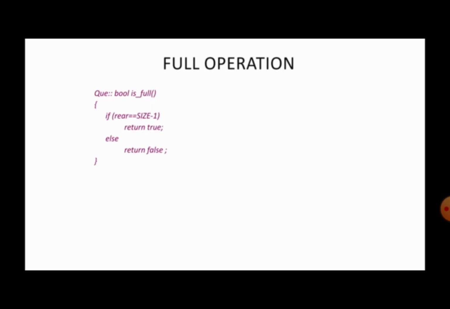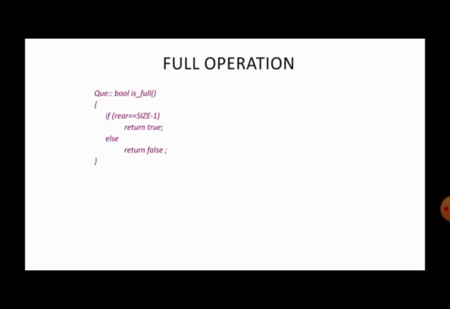While enqueuing, we reach the size -1 index. Assume that the queue size is 10. As we know, in C language, the starting index is 0. So the first value will be at index 0, the second at 1, the third at 2, and so on. When we have 10 values in the array, our last index will be 9.